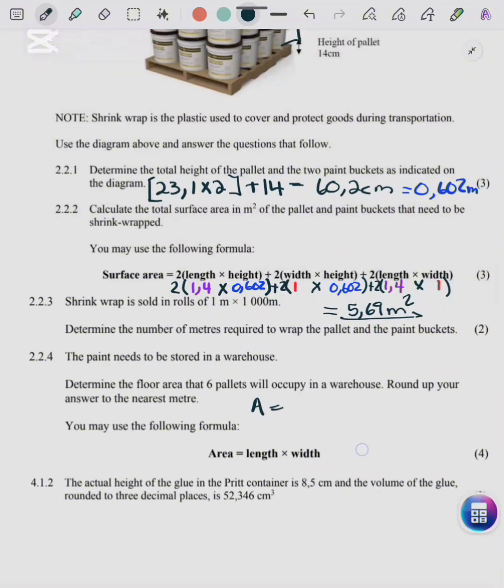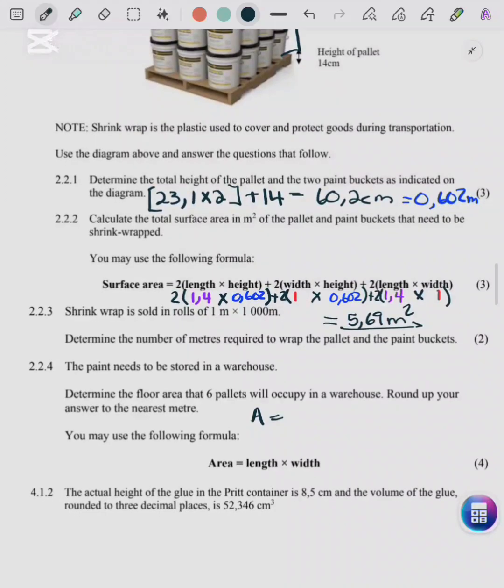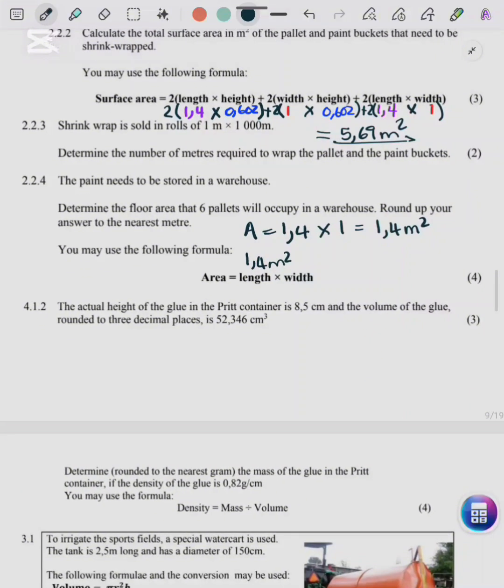The length of the pallet was 1.4. The width of the pallet was 1. So the area of one pallet is going to be 1.4 meters squared. But we don't have 1, we have 6. So we need to take that answer, 1.4 meters squared, and we need to multiply that by 6 of them.